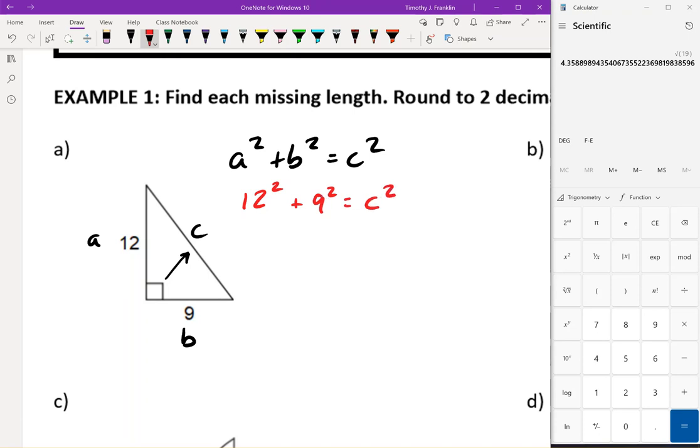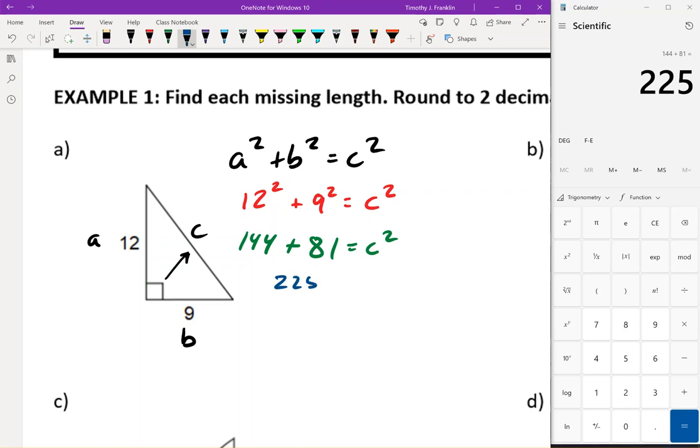And now it's really just a matter of evaluating these numbers. So 12 squared is 144, and you could know that if you use the calculator, just 12 times 12, or 12 squared, 144. 9 squared, that's 9 times 9, that's 81. And so we have to add up 144 and 81, which equals 225.